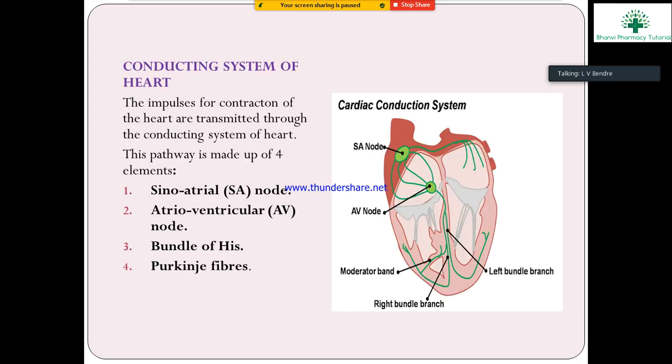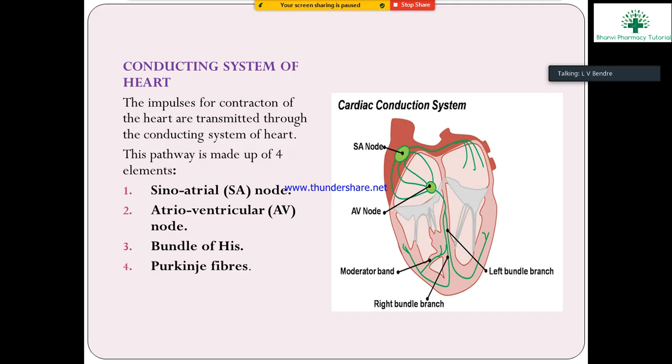Next, the conducting system of the heart. What is the conduction system? It means the cardiac conduction. The impulses for the contraction of the heart are transmitted through the conducting system. There are four elements in the pathway of the conducting system.